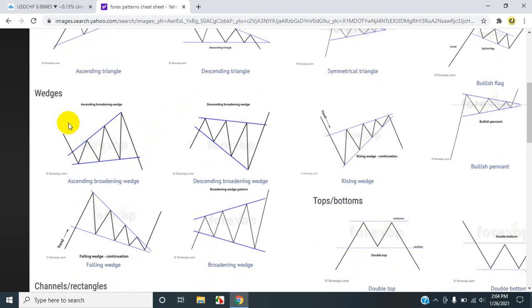Let's take a look at the wedge pattern. This is the ascending wedge. The market is going up in some type of direction. The market comes down from somewhere, hits an area of support, comes up to reach new areas of resistance, breaks back down to the same areas of support, finds new highs of resistance, and breaks down once again to the same area of support for the third time.